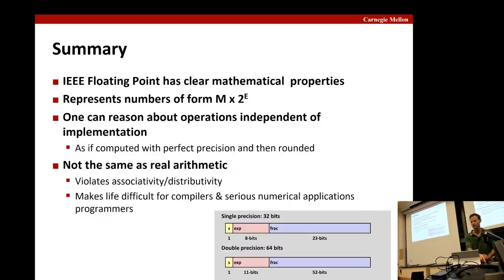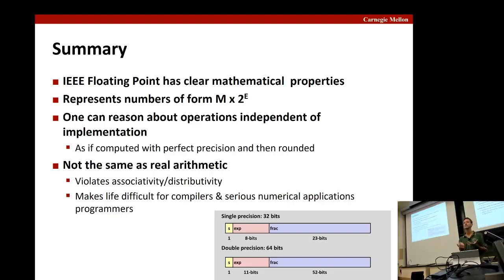Okay, good. So in summary, we have this IEEE floating point standard that is a real pain to implement in hardware. Exactly right. But the vendors were forced to do it, and they've done it. And so we have this standard that has very nice mathematical properties, well-understood mathematical properties.